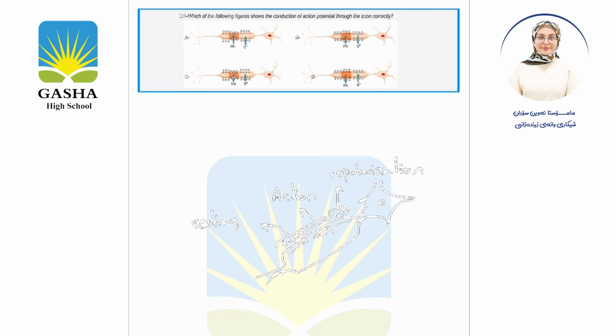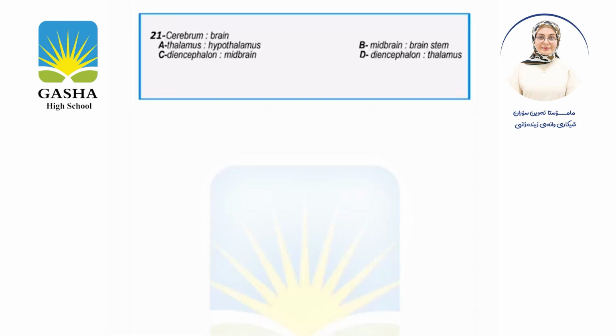So let's compare this figure to the multiple choice to see which one is correct. When we compare, choice A is the correct phase and figure for the situation of sending the signal. So the true answer for 20 is A.